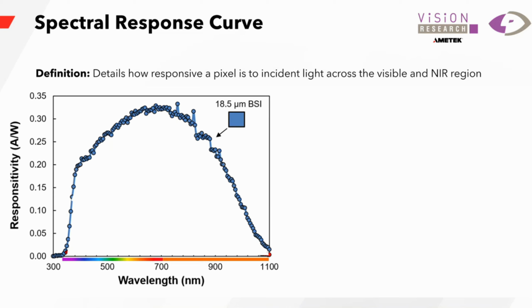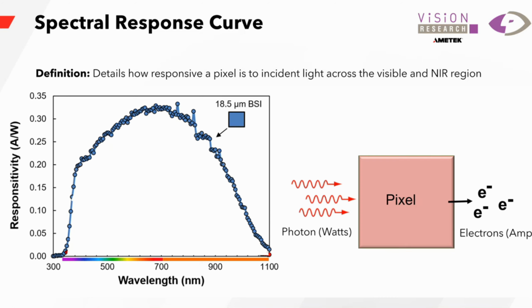Amps per watt is simply your signal current against your incident light power. So you can equate amps to electrons per second, and you can equate watts to how many photons per second are hitting your sensor. So this is a very simplistic diagram to represent what it is we're looking at.